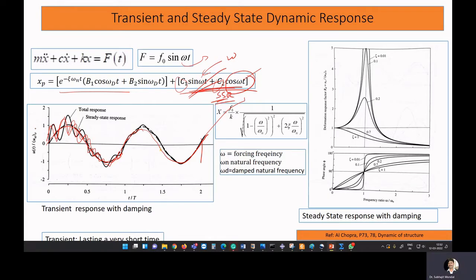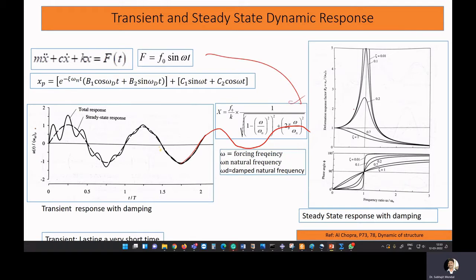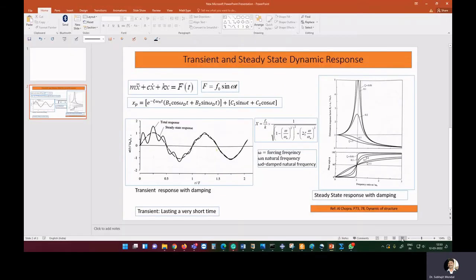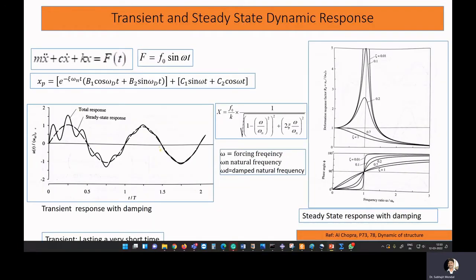Now, if you want to plot the steady state response in the time domain, it will look like this, which is basically a function of our forcing function. If you want to plot the steady state response in the frequency domain, you will get a graph like this.